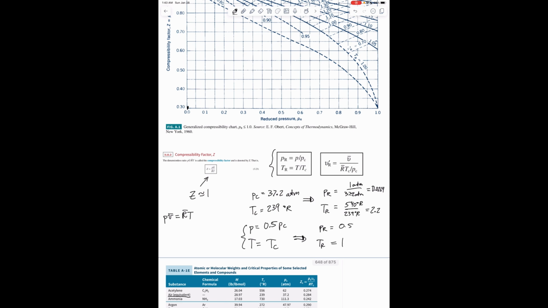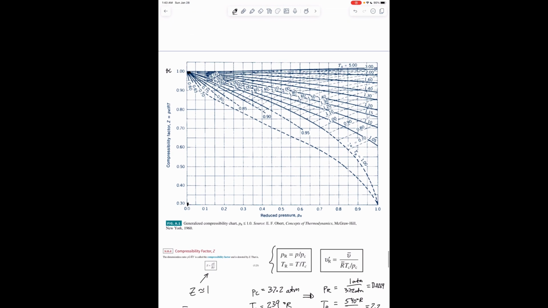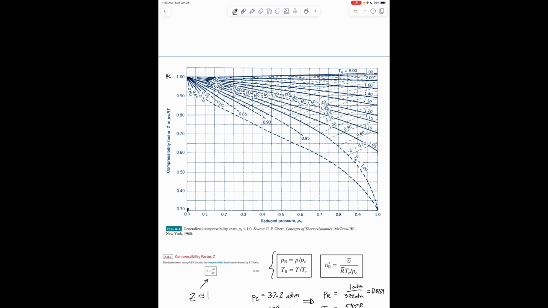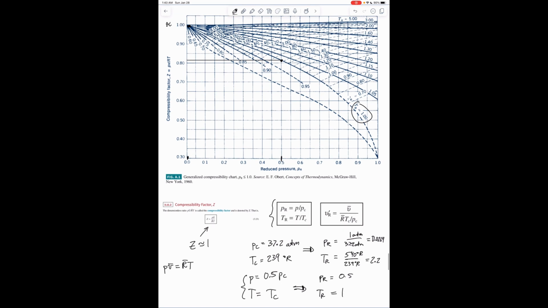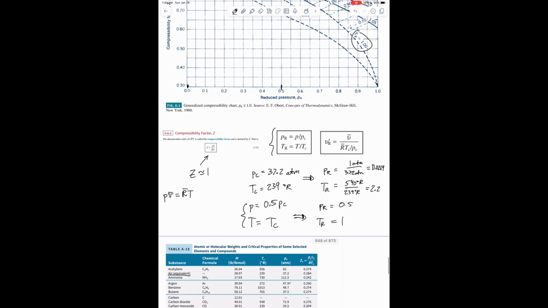You get 1/2 for reduced pressure and 1 for reduced temperature. So our answer is going to lie along this line. Follow this line back up. I come right here, I believe. Yeah, and this corresponds to a Z factor of about 0.82. So our Z factor is 0.82.